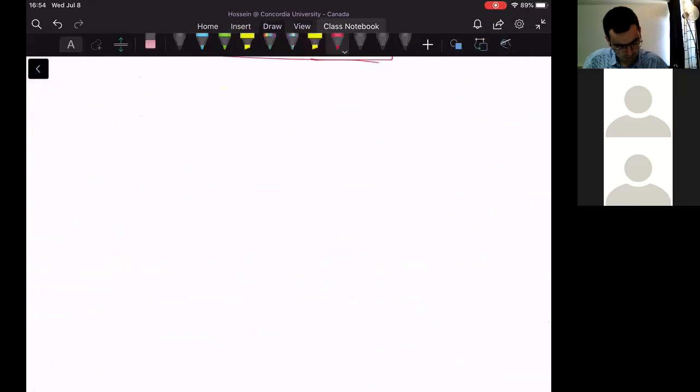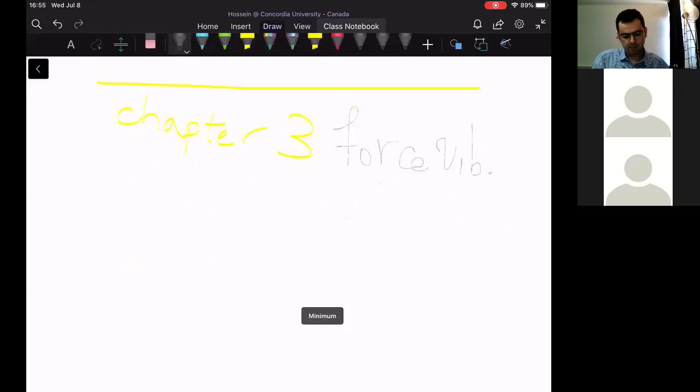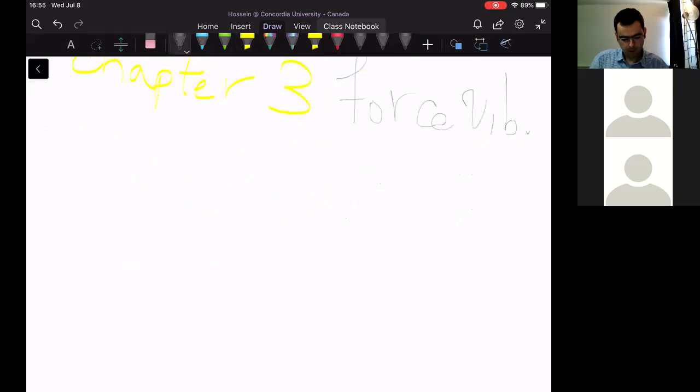So chapter 3, forced vibration. And let's start off with the first problem, which is 3.1 and 3.2, which are connected to each other.